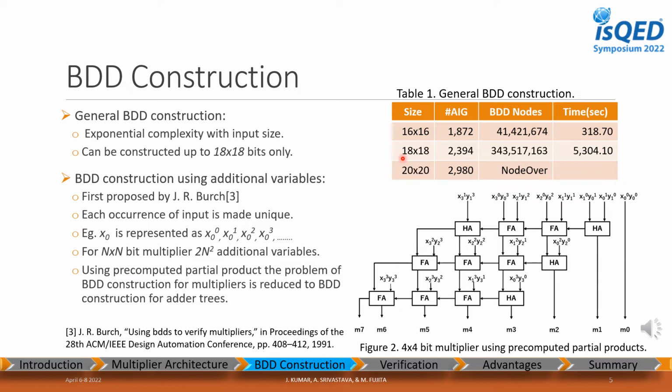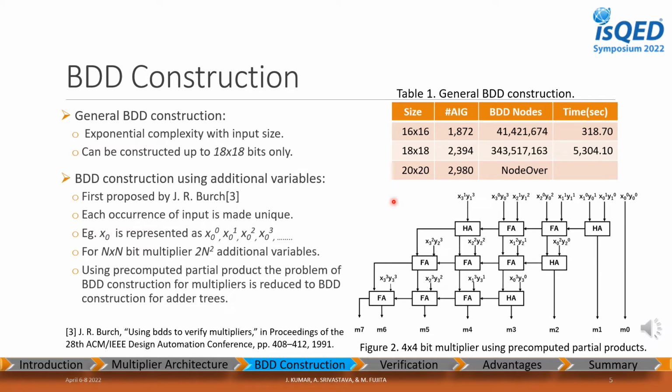Also, the number of BDD nodes varies exponentially with the input size. And beyond 18-bit multiplier circuits, a node overflow problem occurs. So it may not be feasible to apply BDD directly to verify integer multiplier circuits.